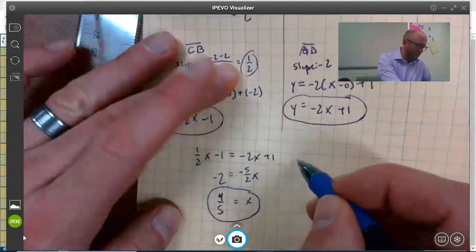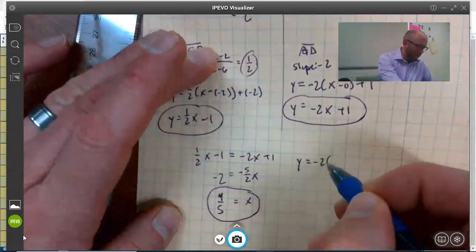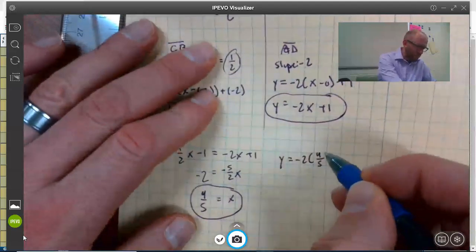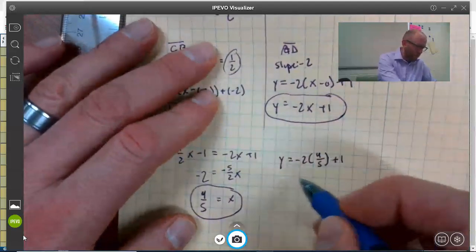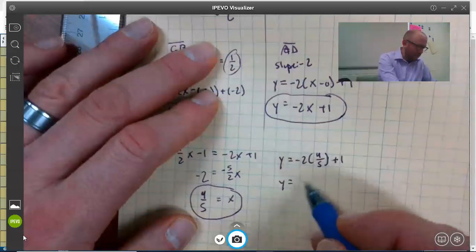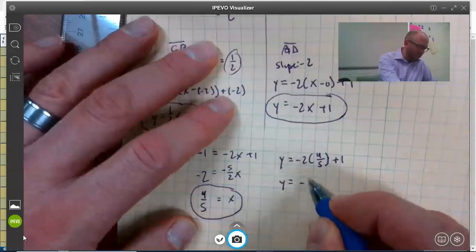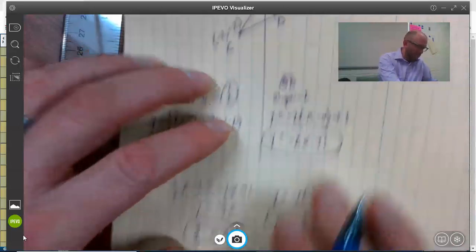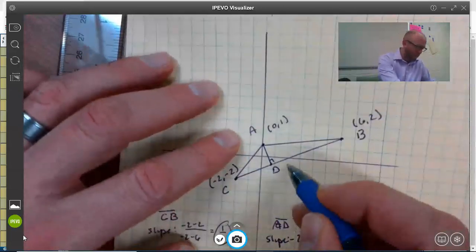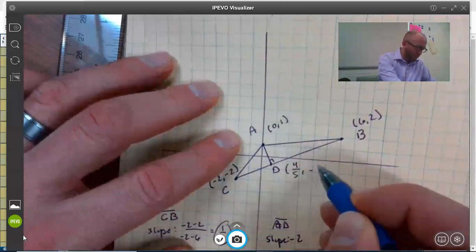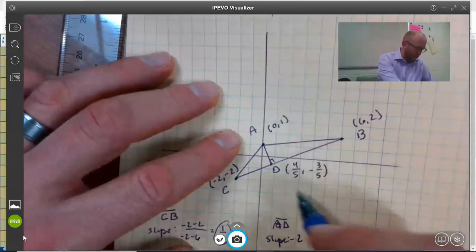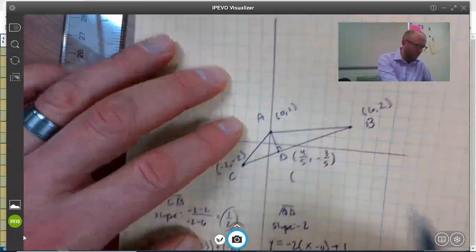Next, we'll plug that in. y equals -2 times 4/5 plus 1, which gives us -3/5, which looks about right. So we have 4/5 and -3/5.